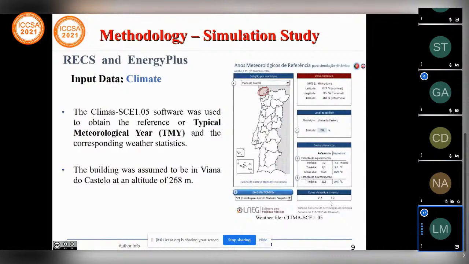In the case of the two other dynamic simulations, the RECS, which is a simplified one, and the Energy Plus, the climate data is the same. It's a typical meteorological year, which is generated by software in the case of Portugal for the different areas. And so it's hourly data. You get a file with temperatures, wind velocity, humidity, and radiation on different surfaces every hour of the year. It's a typical year.